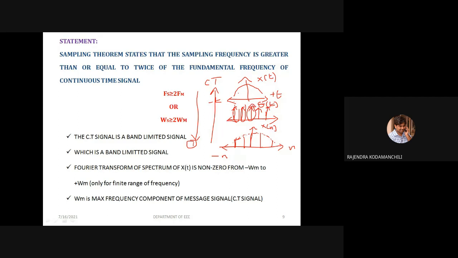The point is very simple, Amma. We all know the continuous time signal is converted to a discrete time signal. This is step number one.